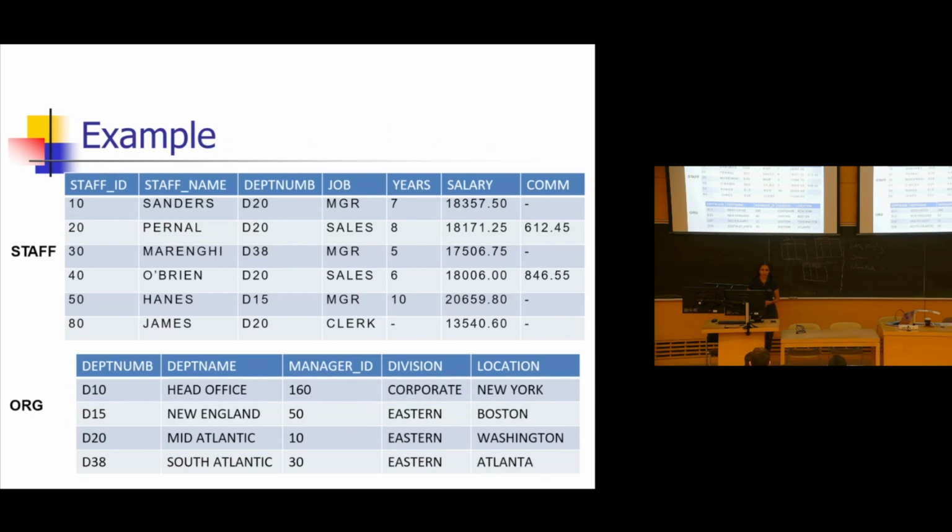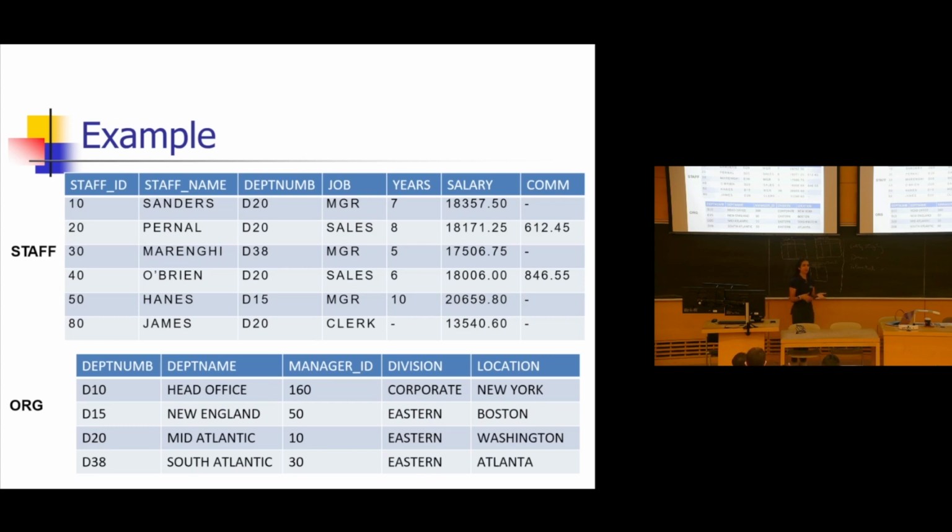Now, here's an example that I wanted to do as our hands-on today, but we'll do it next week. Let's say we have these 2 tables, okay? We have a staff table and the organization table.